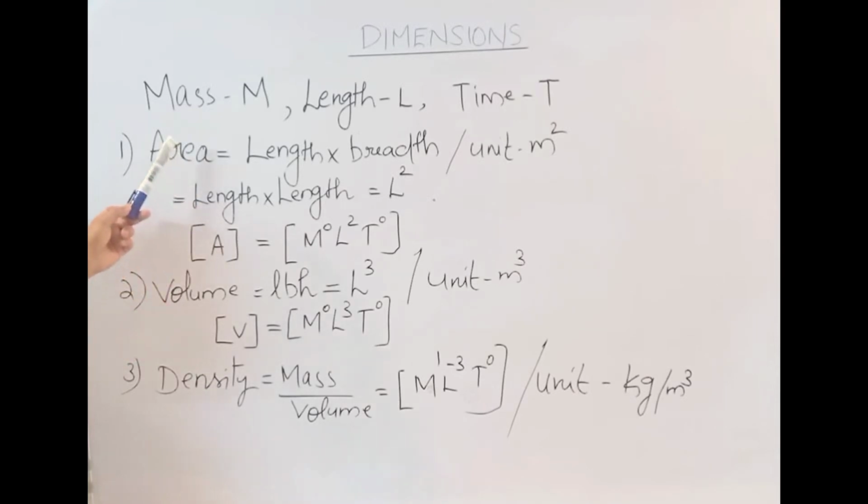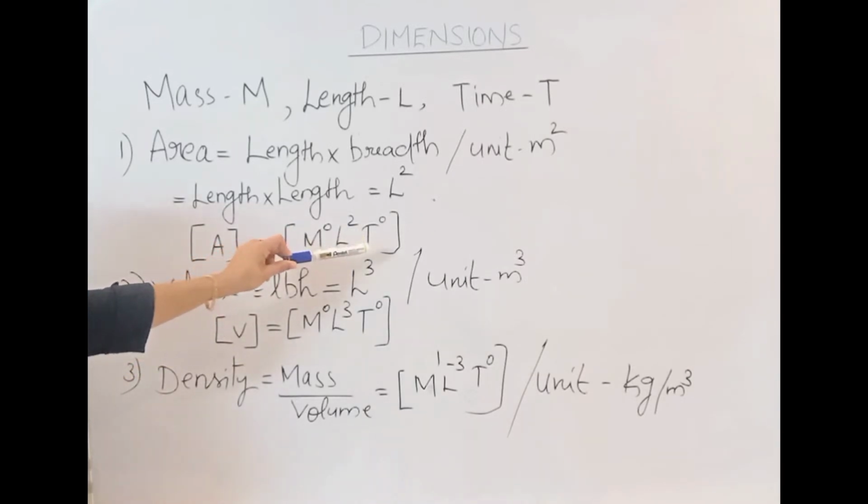So how can we write the dimension of area? Is there any power for M? No, because there is no mass. And what about time? For time also there is no dimension. So whenever we are writing the dimension, we have to put it in square brackets. So that will be [M0 L2 T0].